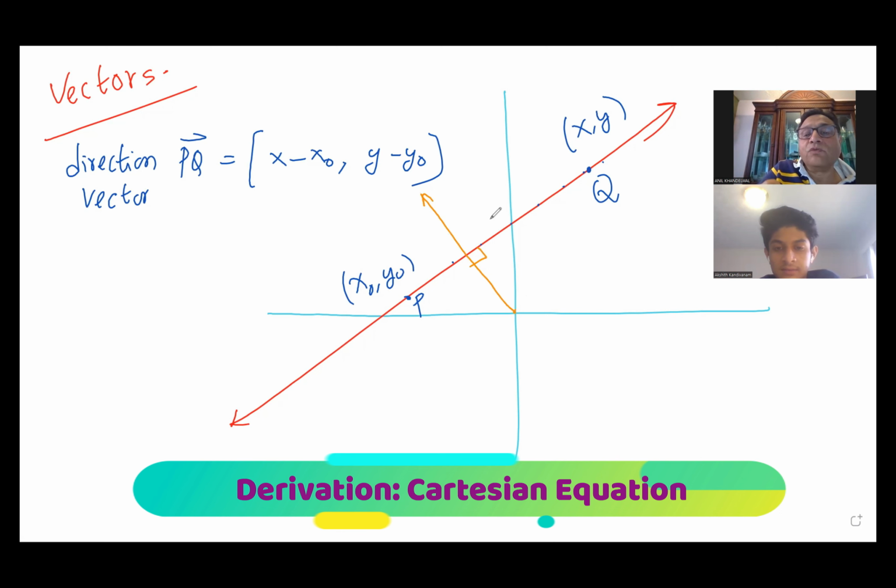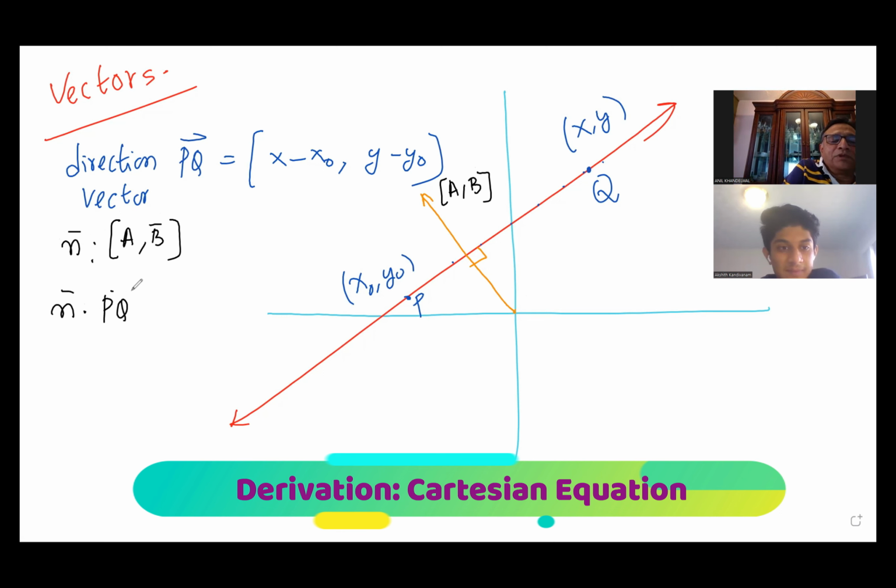So we are saying that this normal has a vector AB. In that case, PQ dot normal should be equal to what? 0, right? So we know that normal dot PQ should be equal to 0, and normal is AB, right?